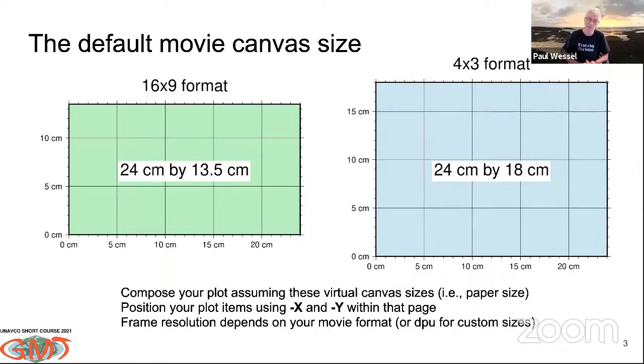And then I think in terms of a paper size of 24 by 13.5 centimeter. If I think of that, then I can lay out my plot as I would a normal plot, and then everything is much simpler to scale into an image. But sometimes you want to make a movie that has a kind of custom size, and you can do that too. But I'm going to stick to some basic 16:9 formats today.